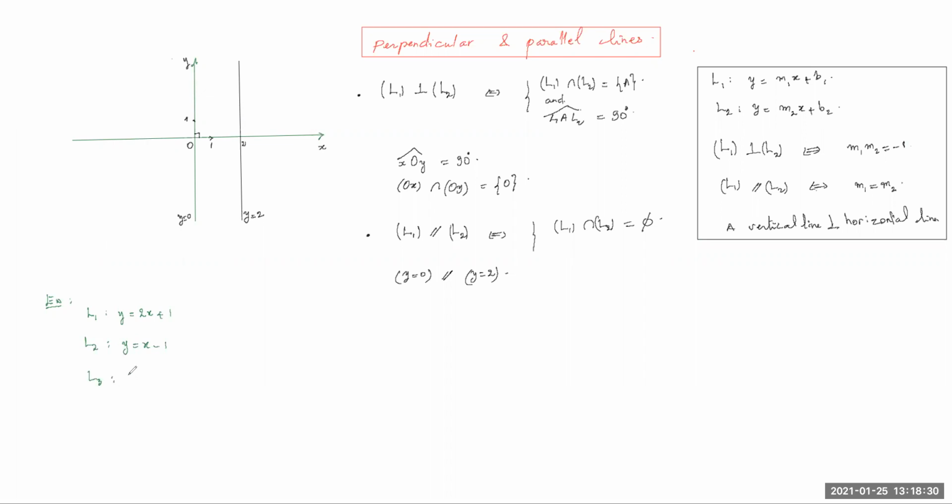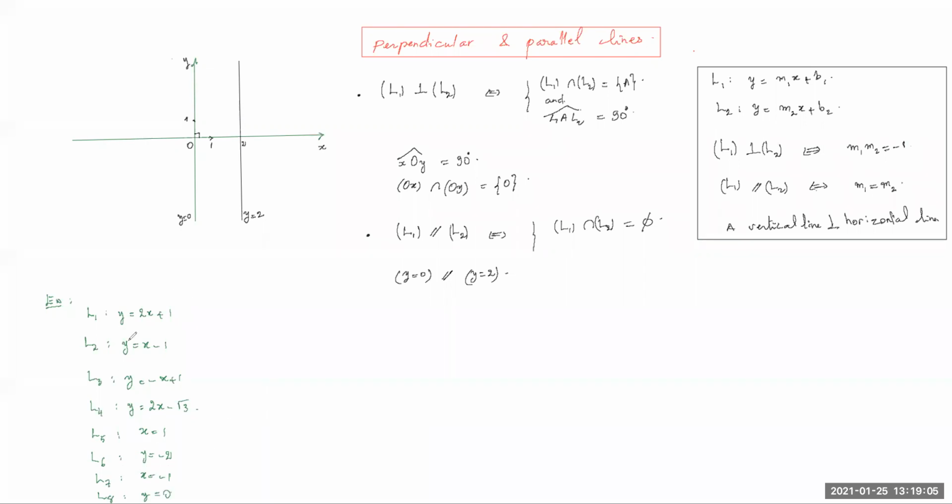L3 has the equation y equal minus x plus 1. L4 has the equation y equal x minus square root of 3. L5 has the equation x equal 1. L6, the equation y equal minus 2. L7, the equation x equal minus 1. And finally, L8 has the equation y equals 0.